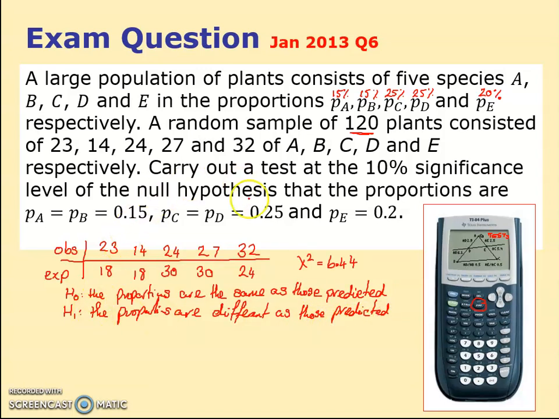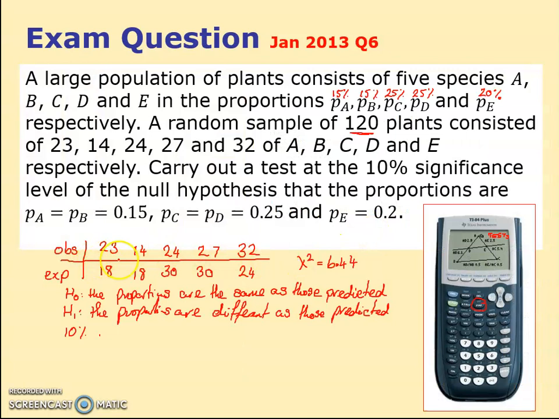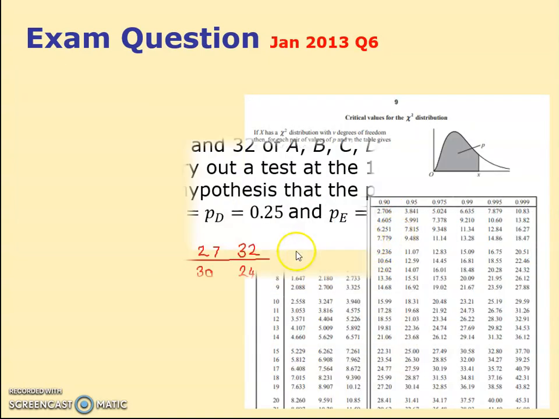And now it says 10% significance level, so I need 10%. If I go across and do this, 10%, obviously I now need to look at 0.9. Degrees of freedom, there's still 5, so I think degrees of freedom is 5 take 1 again, which is 4. And the critical value there, I think, is 7.779.